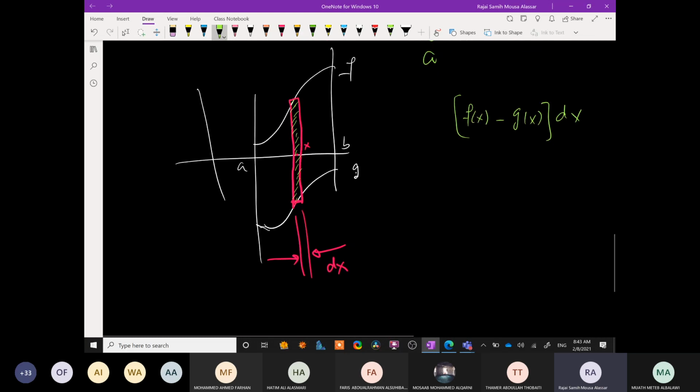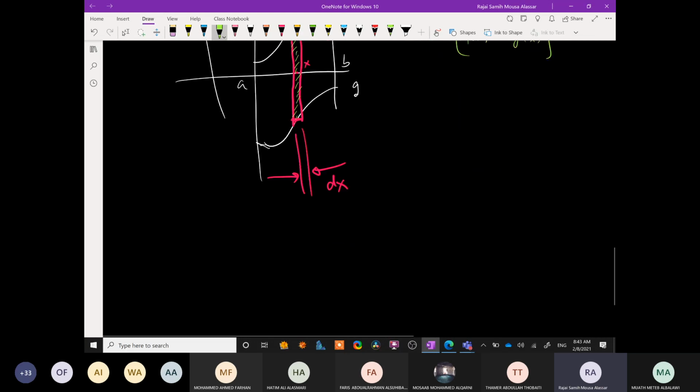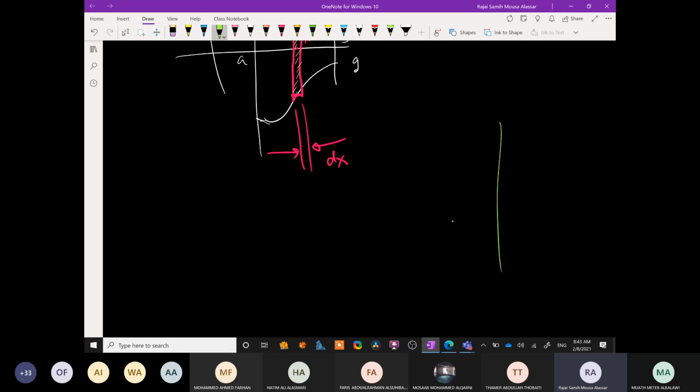Now you say that this function g is negative. Yes, we see something like this. Let's say that this is 7 and this is 3. What's the height of this? 4. Now this is 7 and this is minus 2. What's the height of that? 9.